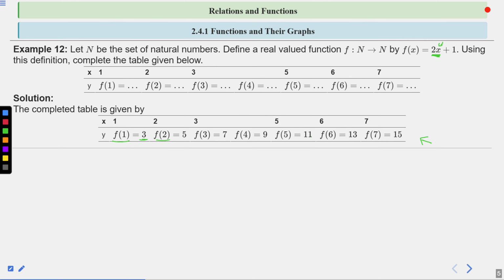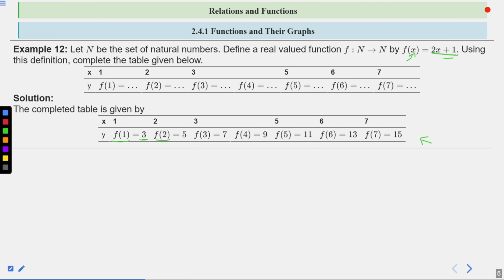Anybody having any doubt? So the relation is already given to us, that x is related to f of x in this way, 2x plus 1. So when you give input x, the output is going to be 2x plus 1. Is it clear?